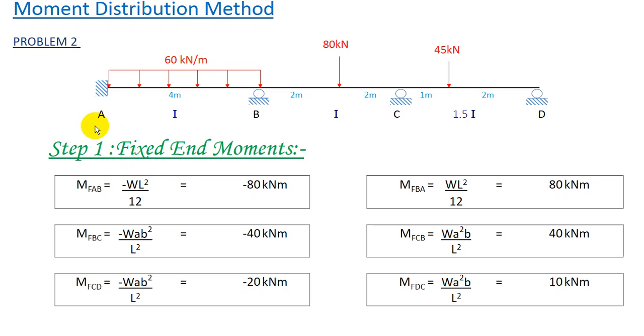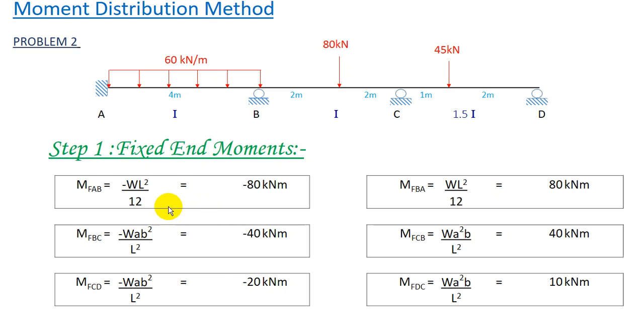Okay, so first is MFAB, that is fixed end moment at A to B. MFAB is minus WL square by 12 because there's a UDL that is spanning across this segment AB. W is 60, L is 4 meters, and MFAB comes out to be minus 80 kilonewton meter. Now there's a reason that I've taken minus sign.